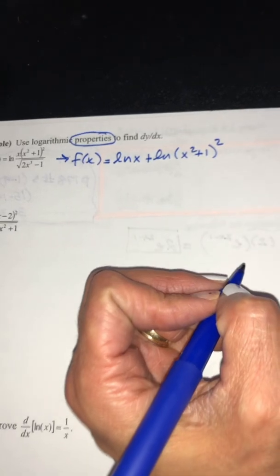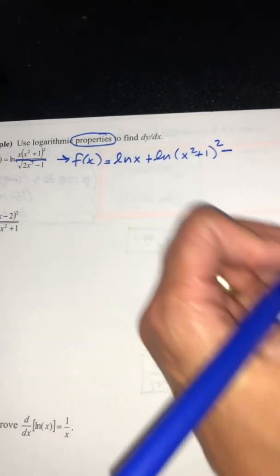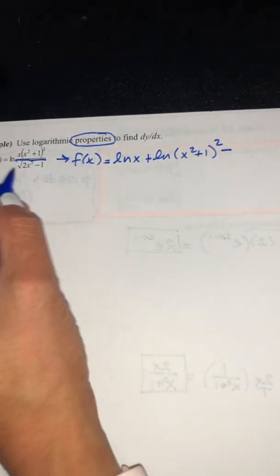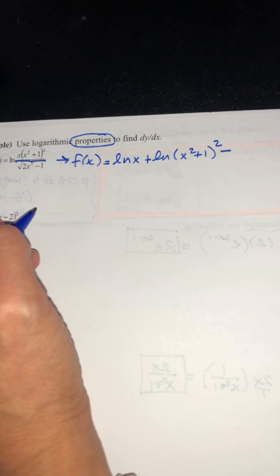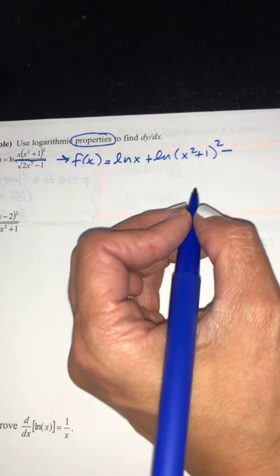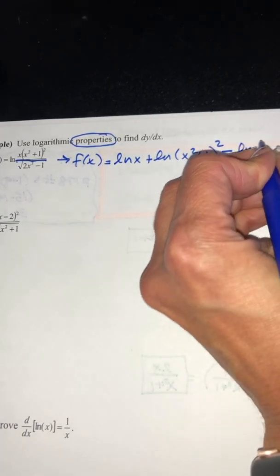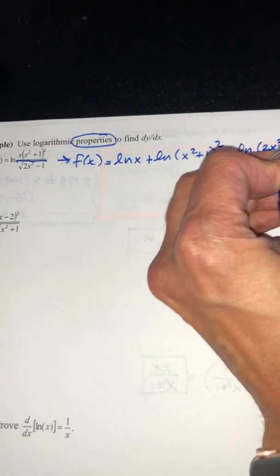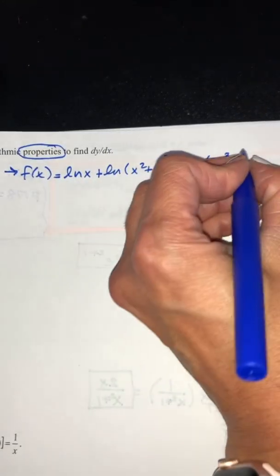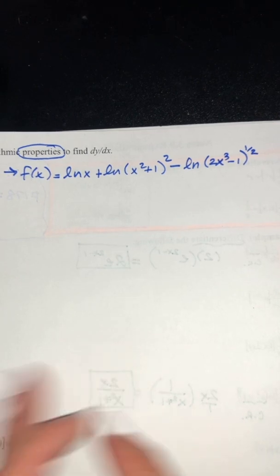Let me zoom out a little bit. And then the fraction bar, remember, means that we have to turn that into subtraction with properties of logs. And I'm going to convert that square root to the 1/2 power: the natural log of 2x to the third minus 1, to the 1/2 power. My brain could not keep up with my mouth.